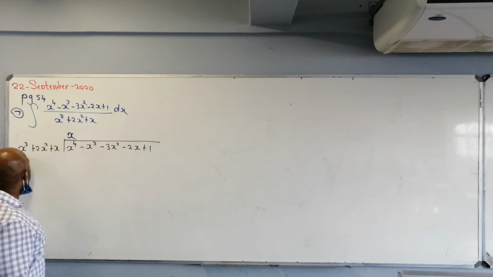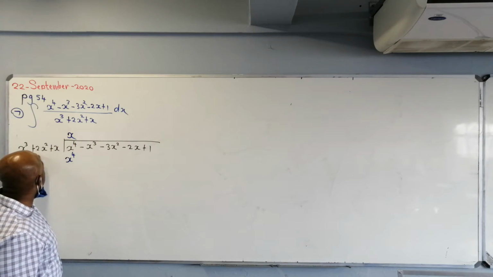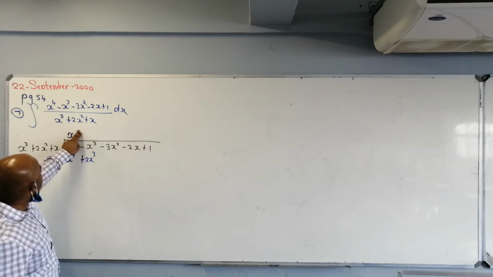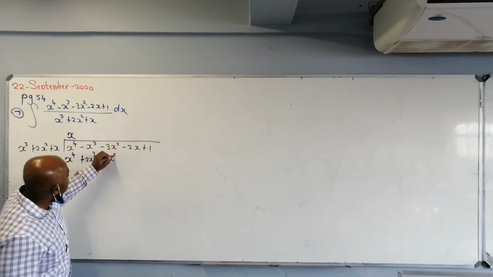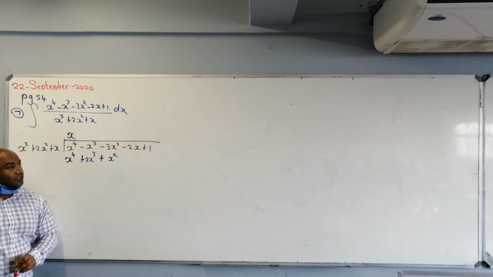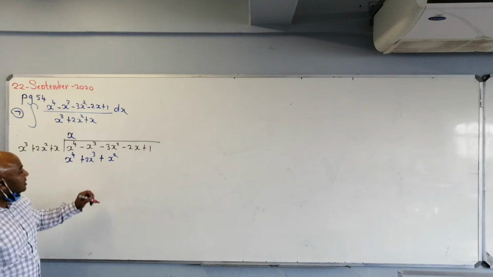So x times x cubed would be x to the power 4, x times 2x squared will be plus 2x to the power 3, x times x will be plus x squared. Right. So that's divide, multiply, subtract.